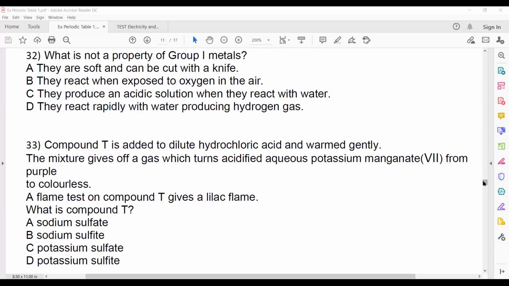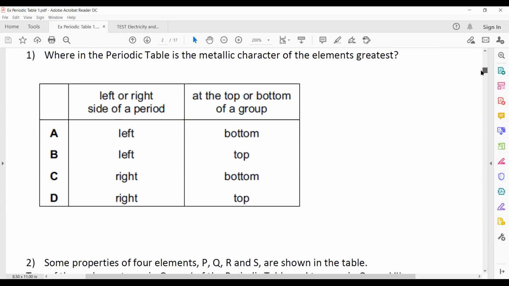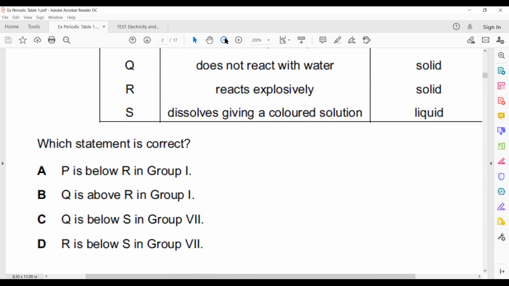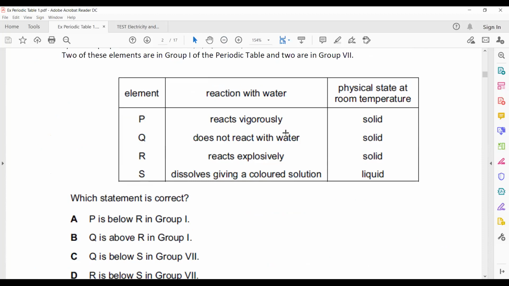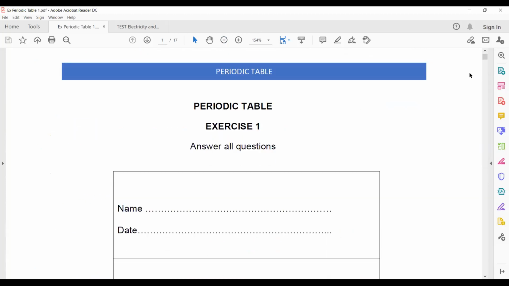Anyone else having a doubt in this periodic table homework? Any question? MCQs? If no doubt, then I will start discussing the test paper.